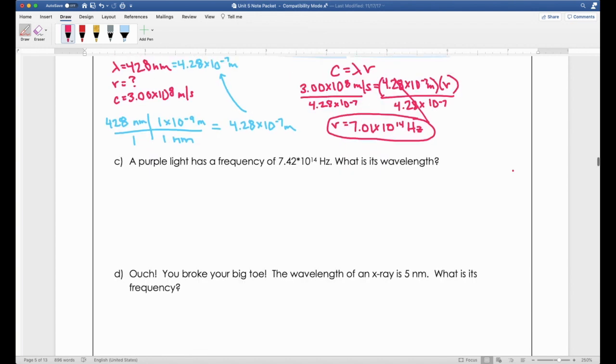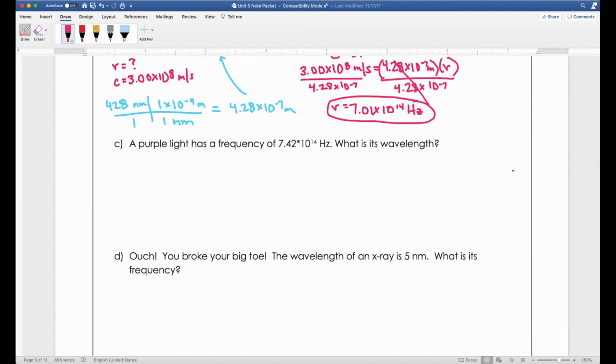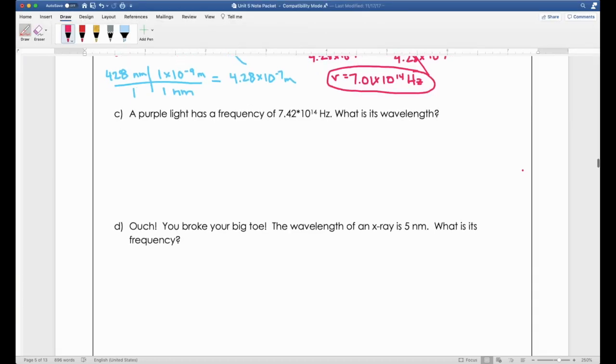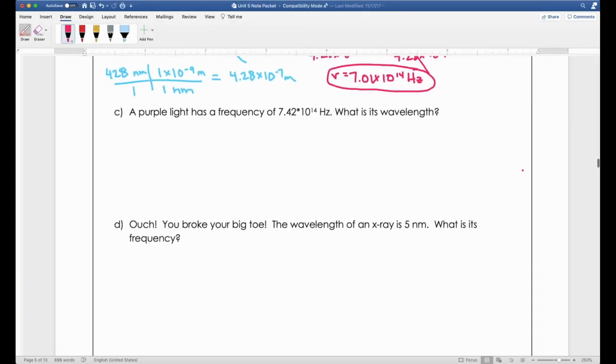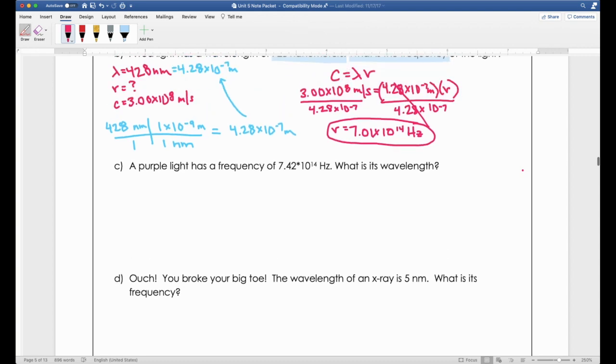What I'm going to do now is C and D, and these are just like A and B in the problems right before. I'm going to solve for these, and what I want you to do is check your answers with mine when you're finished. Make sure you're actually giving these a shot and typing them in the calculator.